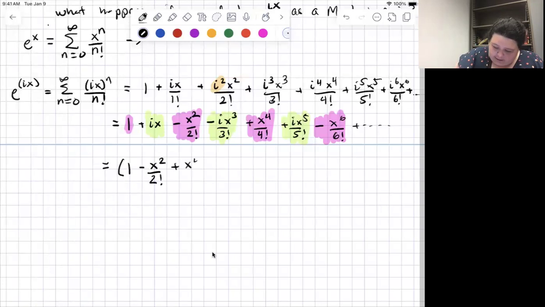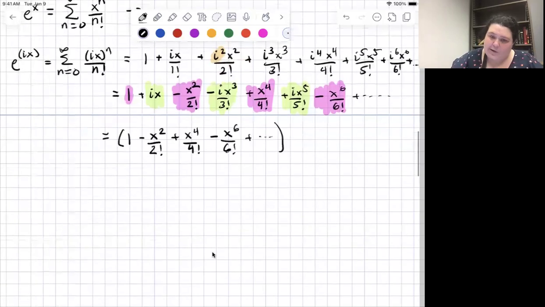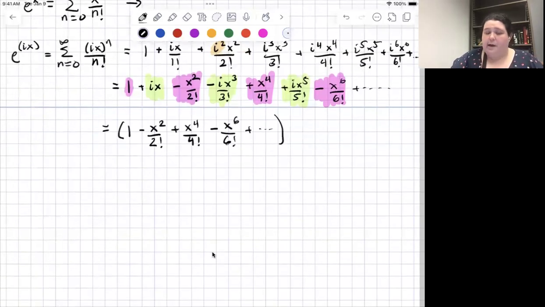So for my even powers, I have 1 minus x squared over 2 factorial plus x to the 4th over 4 factorial minus x to the 6th over 6 factorial. And that now should be something that you recognize as the Maclaurin series of our cosine function.